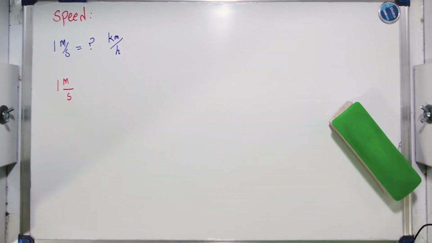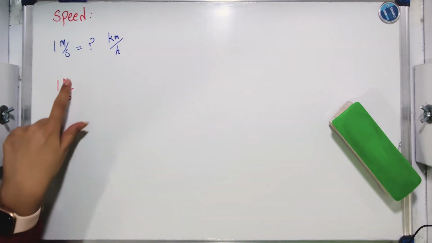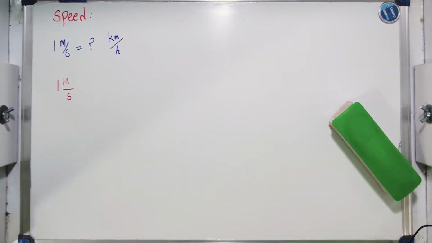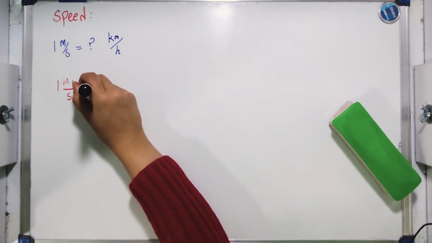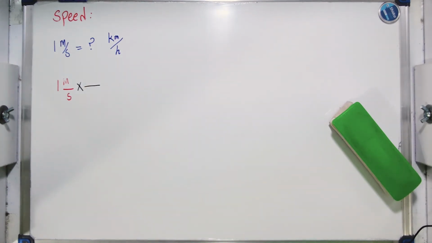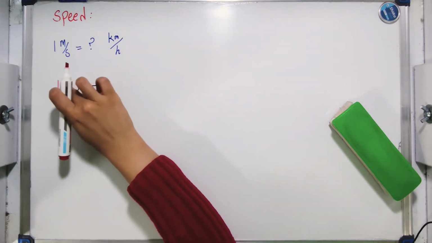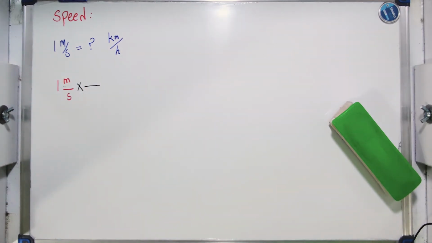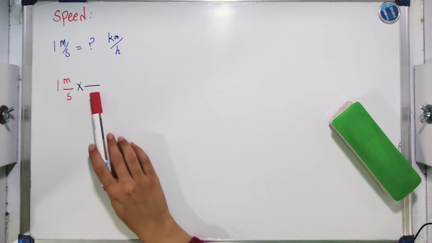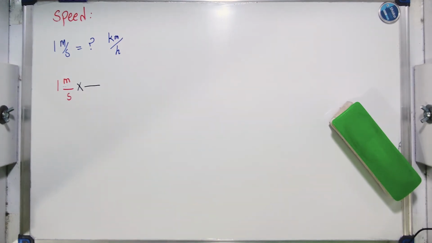The next step in such conversions, where you have a division or a kind of fraction in the unit, is putting multiplication and making another fraction. So if your unit is a fraction, a division, the first step is you put multiplication and also make a fraction.